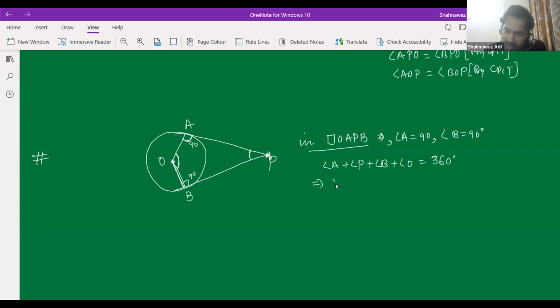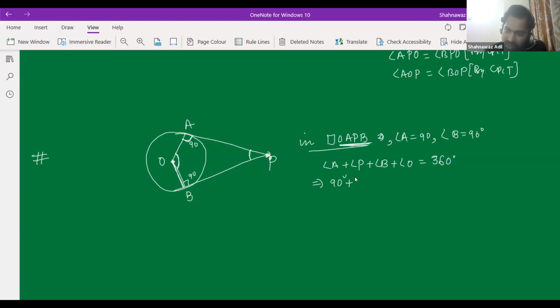So the quadrilateral's interior angle sum is 360.